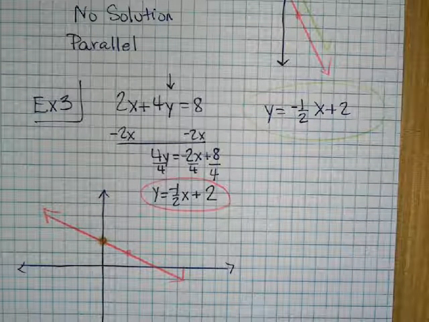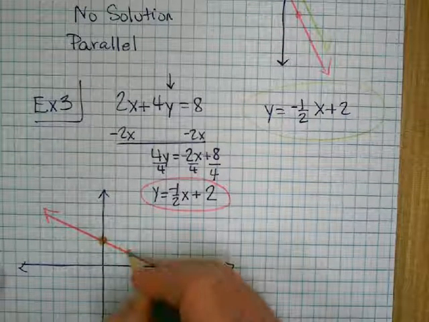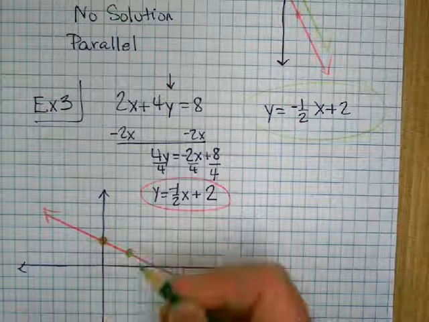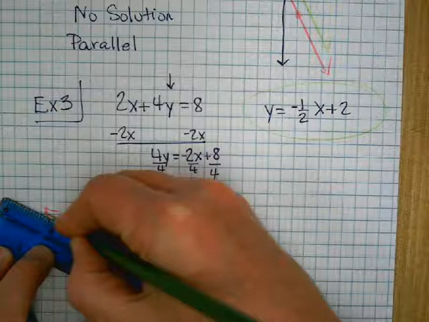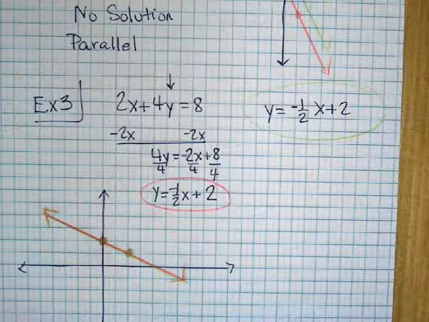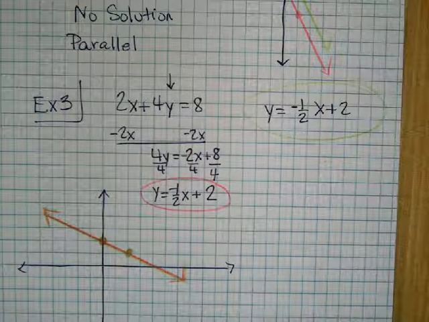What's the slope? Down 1 over 2. Oh, they have another point in common. And then what happens when I draw the line? They are the same line. Well, then how many points do they have in common? Everything.